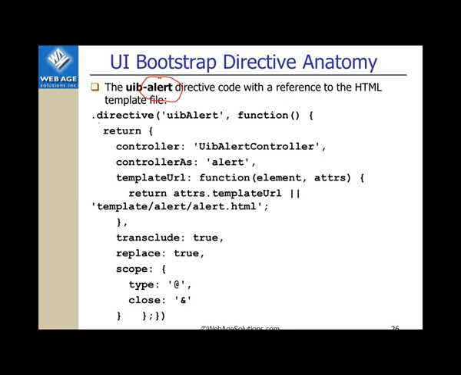So we've got the directive, and it's native AngularJS code. Everything here is JavaScript as implemented in AngularJS. We've got a function which implements the actual body core of that directive. And the critical piece here is to see that we've got a reference to this template URI.